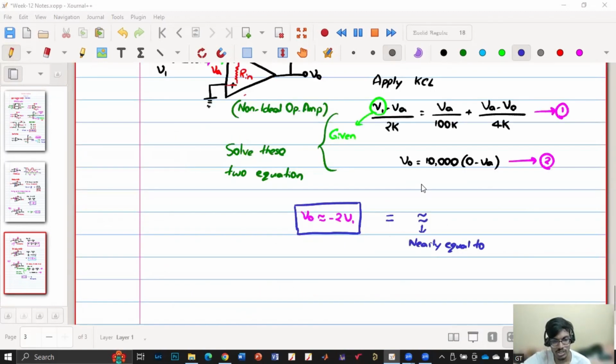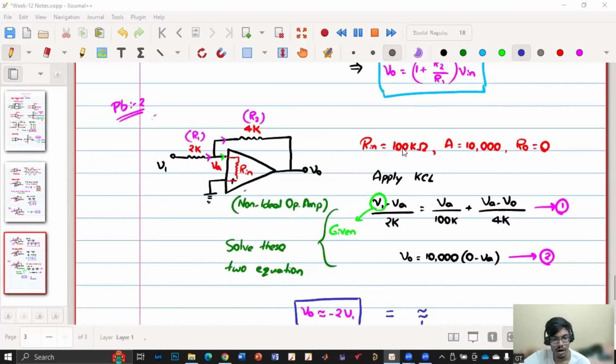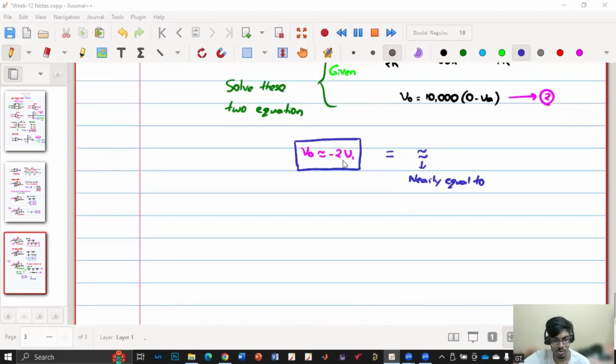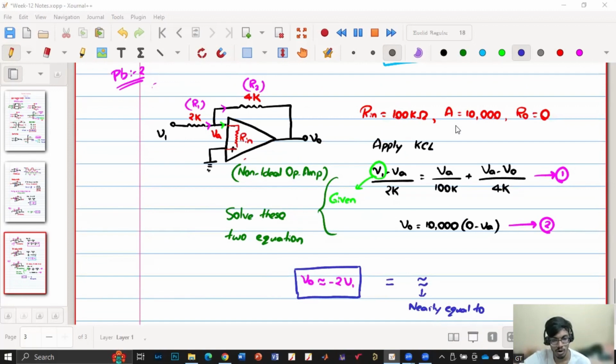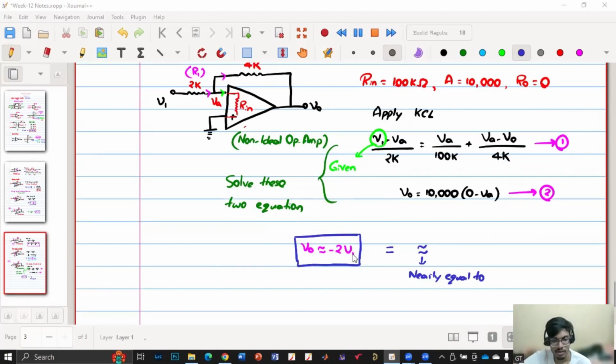But if instead of 100 you consider 10 to the power 5, and instead of 10 to the power 4 you consider 10 to the power 6 or 7, then it will be very close to minus 2, because it is very close to an ideal op amp, as A is tending to infinity, which means very, very high, and Rn is also tending to infinity. So that's why I'm saying it will be minus 2.